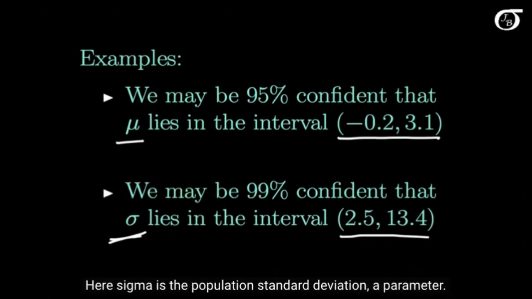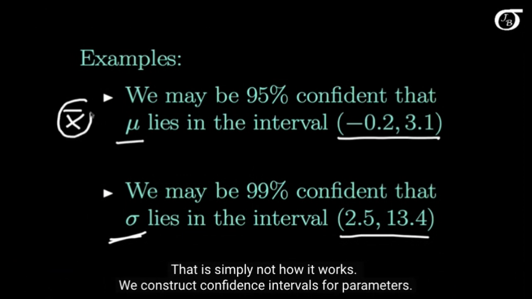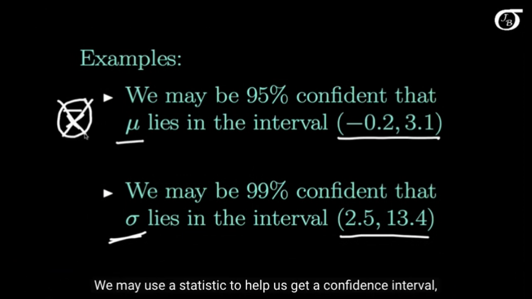Parameter. We never construct confidence intervals for statistics, so we will never have a confidence interval for x bar, say. That is simply not how it works. We construct confidence intervals for parameters. We may use a statistic to help us get a confidence interval. We do not construct confidence intervals for statistics. Confidence intervals always relate to parameters.